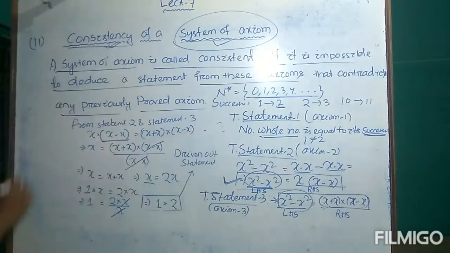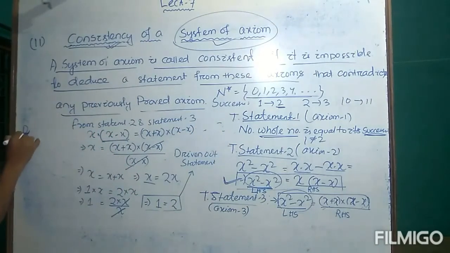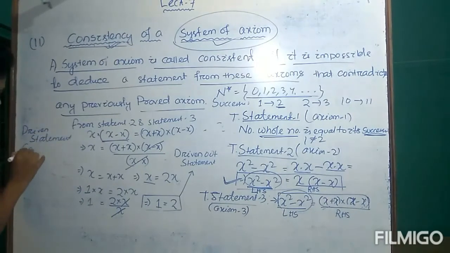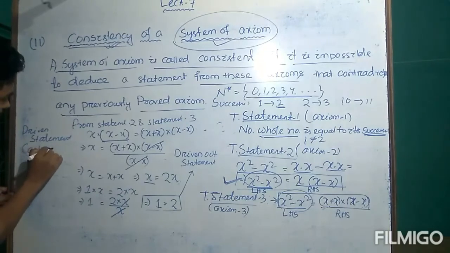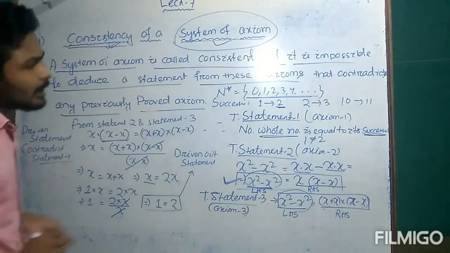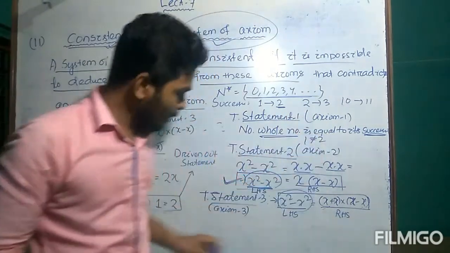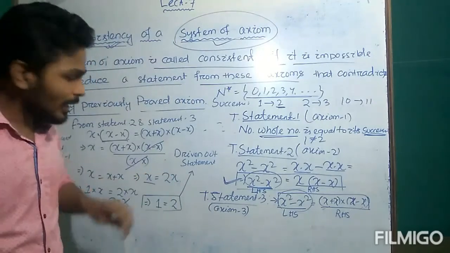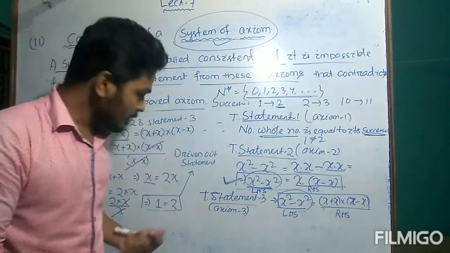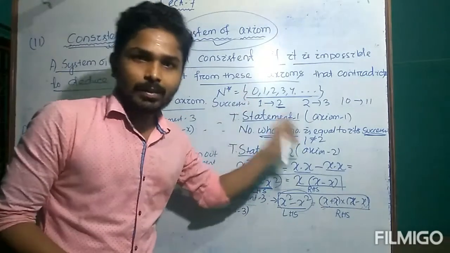Here you can write: the derived statement contradicts statement 1. In statement 1 you have taken 1 is not equal to 2, but here you get 1 is equal to 2. That means these two statements are opposite of each other. So it disproves statement 1.